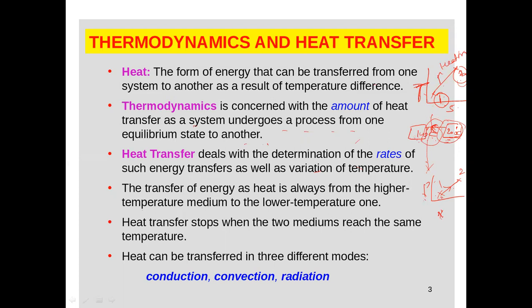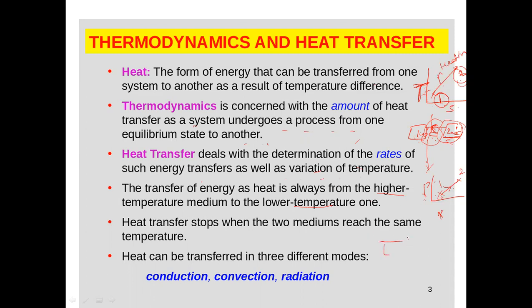Heat transfer deals with the determination of the rates of such energy transfers as well as the variation of temperature. The transfer of energy is always from a higher temperature body to a lower temperature body. Heat transfer stops when both bodies reach the same temperature.